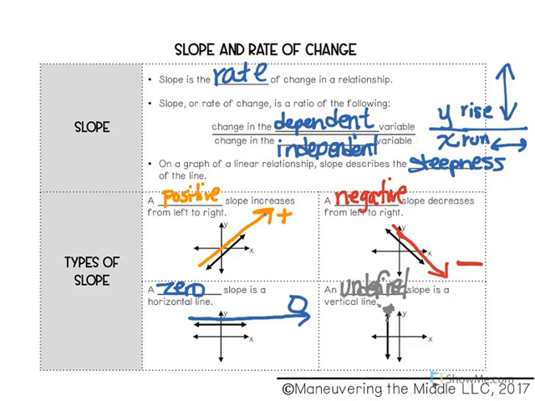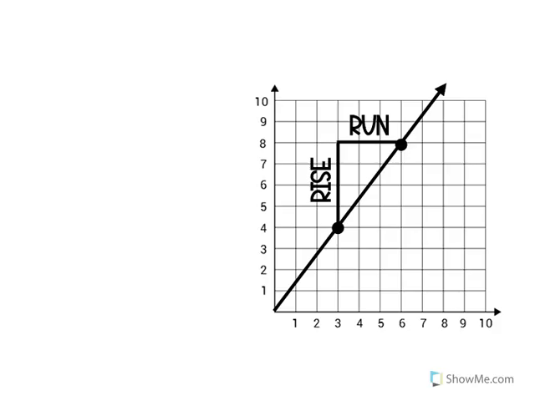So the question is, how do I calculate the actual slope of a graph? Well, here's how we do it. As we know, our slope is rise over run, and we use m for slope. When I have a graph, I'm going to make 2 points on a line, and I'm going to calculate my rise.